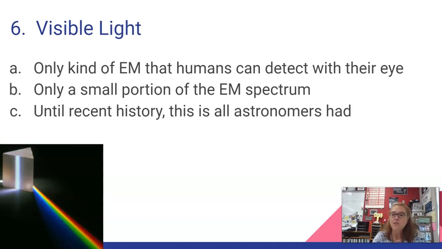But today, like I said, we have infrared photography that is really fascinating, and they bounce radio waves off of things. That's just recent. Until 50, 60 years ago, all they had was the visible.